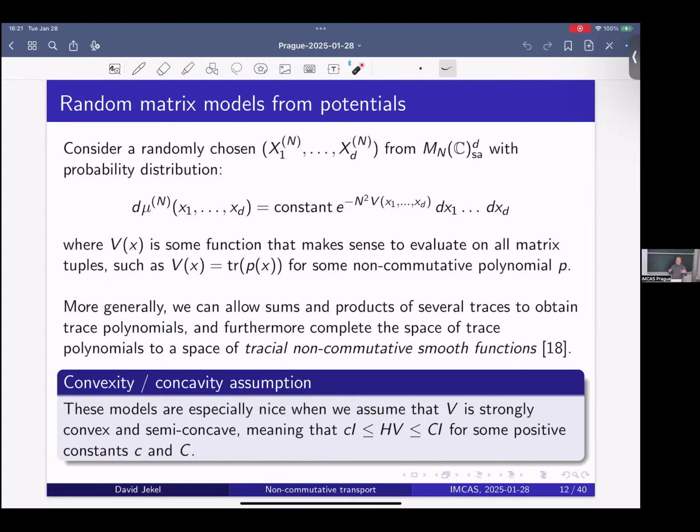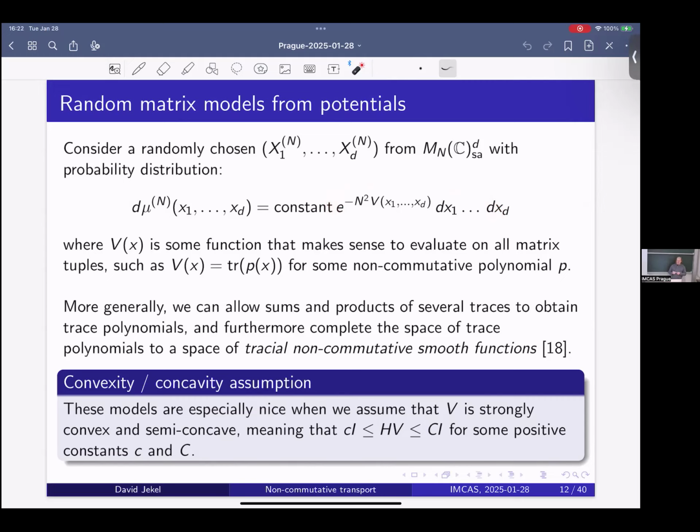And then you take a completion of this with respect to a certain norm, where you look at the maximum value of the function on operator norm balls, and also look at derivatives of it. And so then you can define some kind of smooth functions, which I'm not going to go into detail on, but if you're interested in this, you can ask me tomorrow. And okay, so we have some kind of matrix models like this.